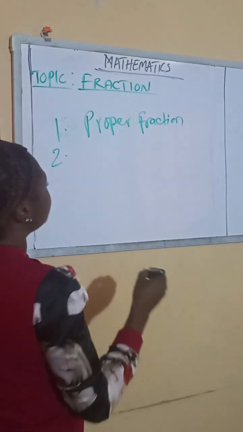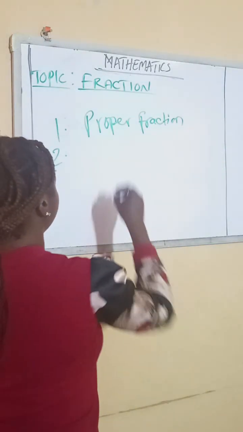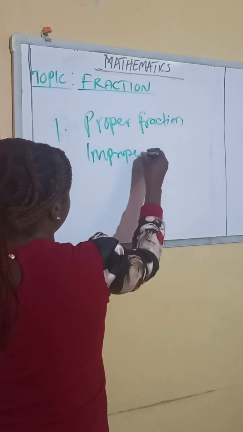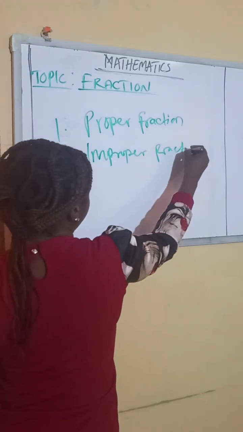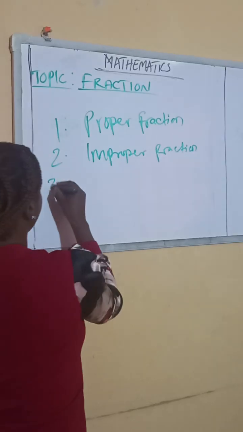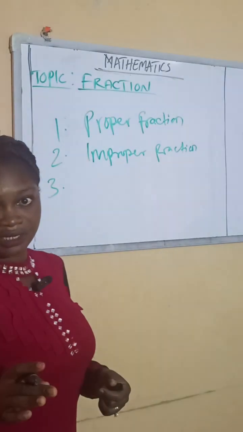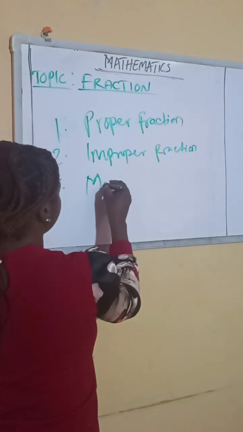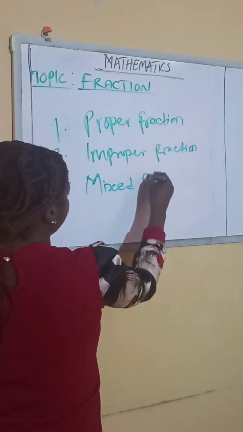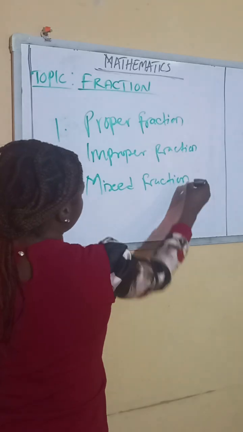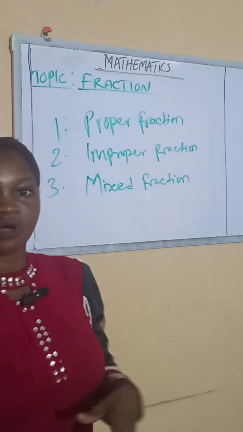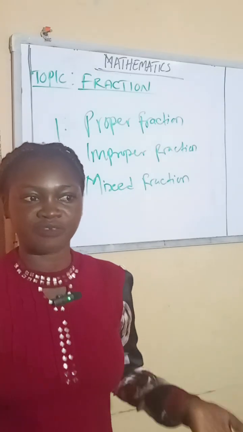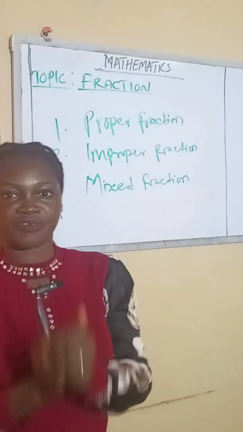Two is an improper fraction. And the third one is the mixed fraction. Now, let's understand what a proper fraction, an improper fraction, and a mixed fraction are.